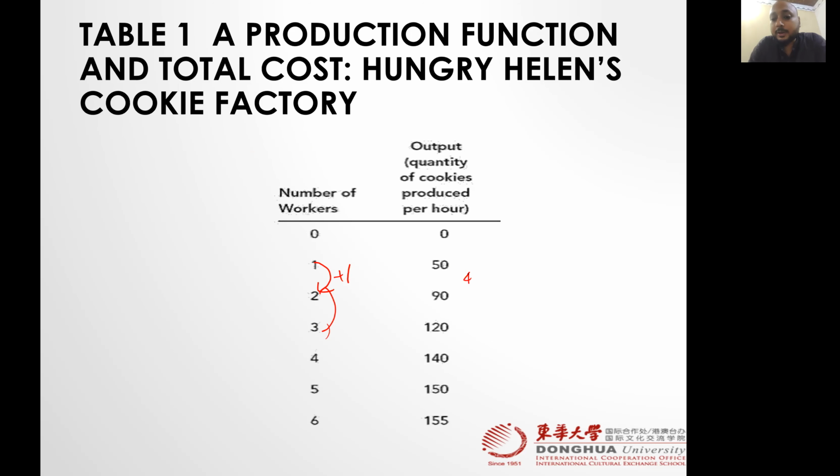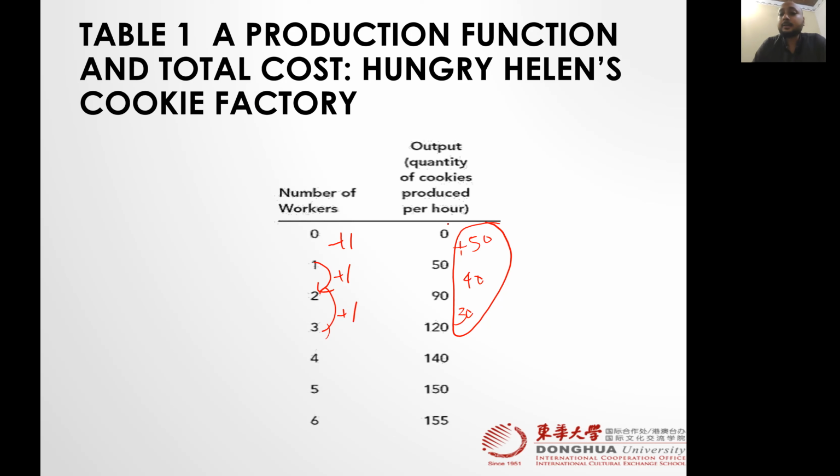He is producing 40 units. If you hire one more, he is producing 40. When you hire the third one, he is producing 30. So this is called marginal product.